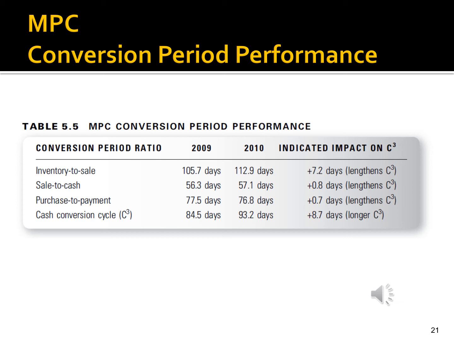For sale to cash, there is also about 1 day of delay. For purchase to payment, in 2009 it was 77 days to make a payment for their purchases, and in 2010, 76 days, about plus and minus. Not much efficiency in paying for purchases.